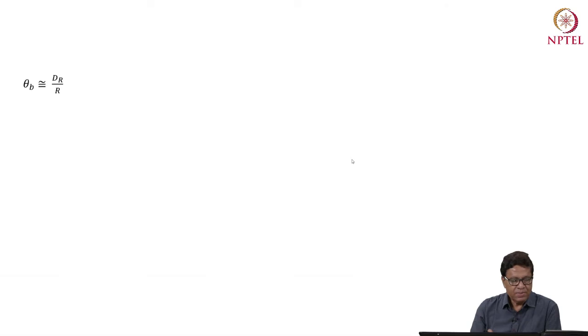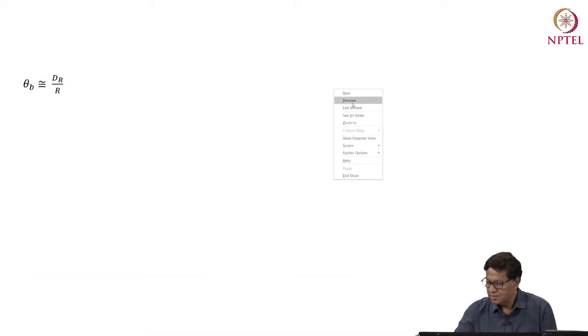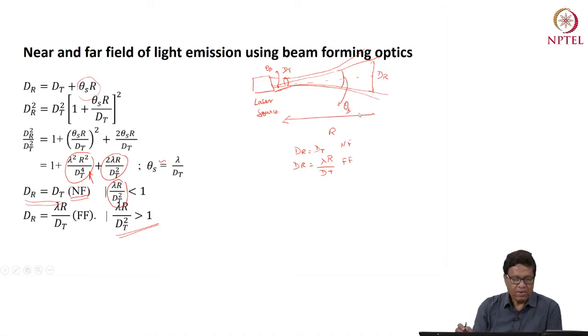The theta b, the beam angle, actually is given by dr by r. This you can see from here, because if you take tan of theta by 2, I take half the angle, theta by 2 here, this angle for example, theta by 2 can be written as dr by 2 divided by r.